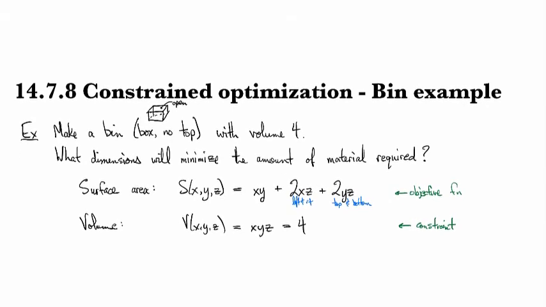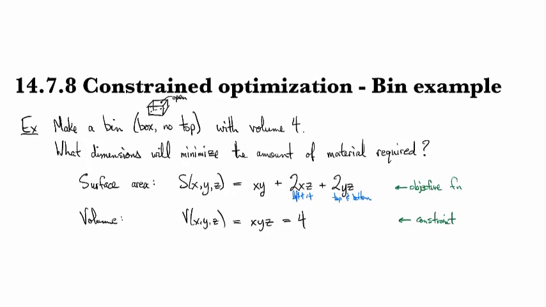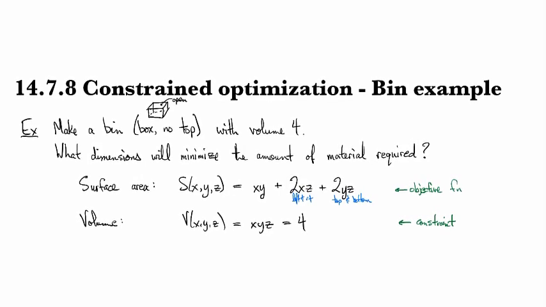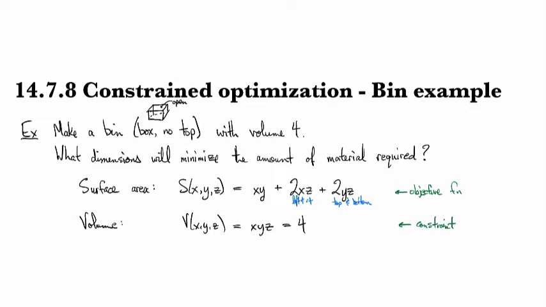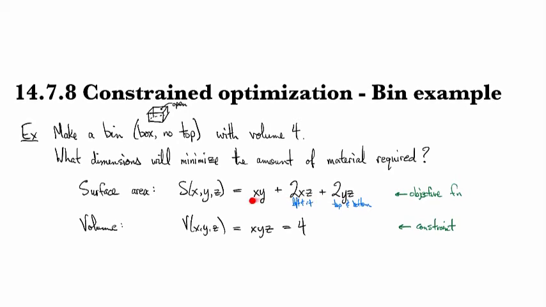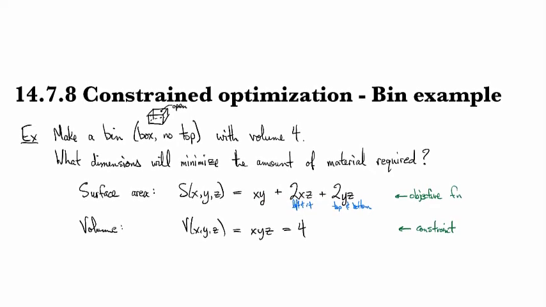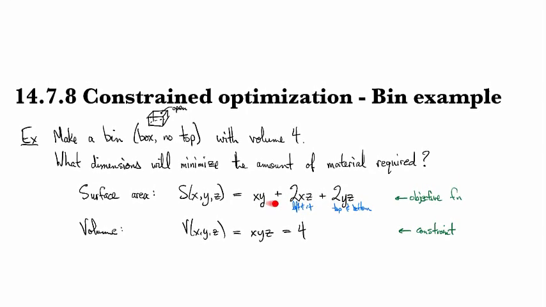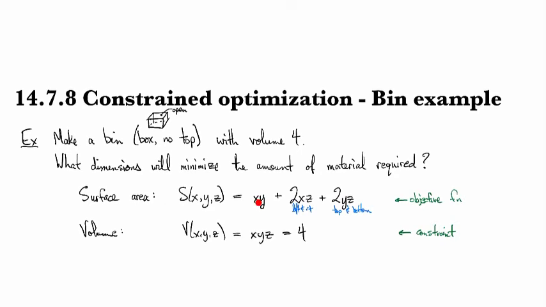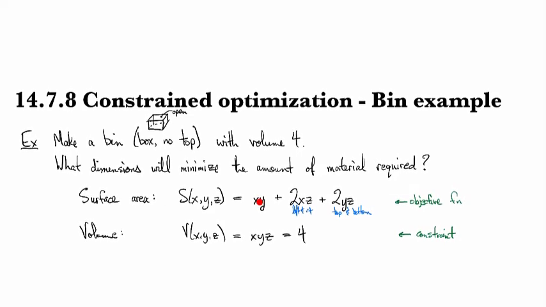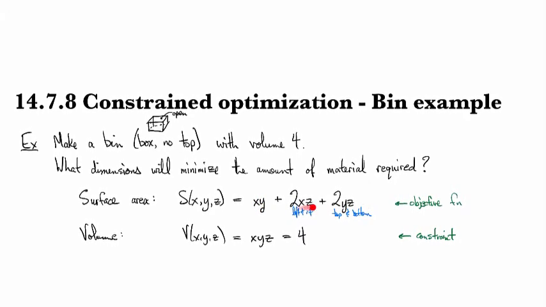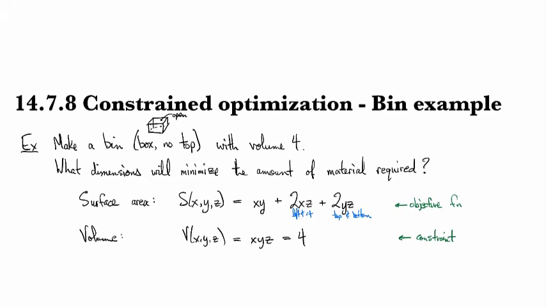Now, I guess one thing to notice, before we get into it, is that the surface area function here, this guy, there are no extrema of this function on R3. We can make this as big as we want by taking X, Y, and Z as big as we like, or as small as we want by taking X, Y, and Z to be as small as we like.